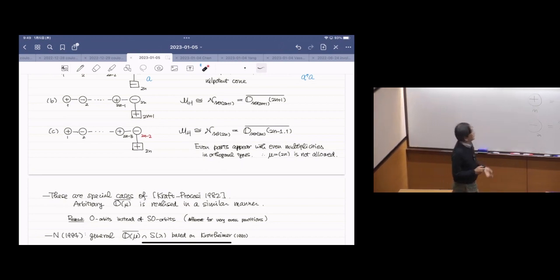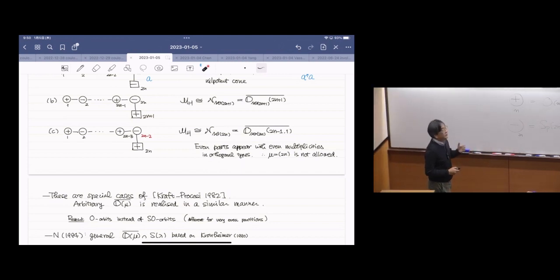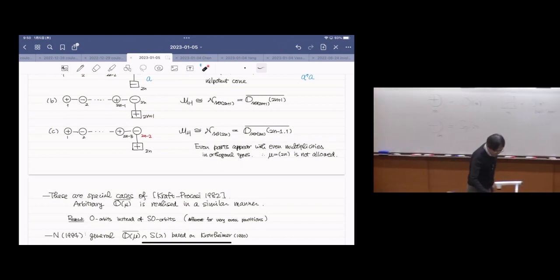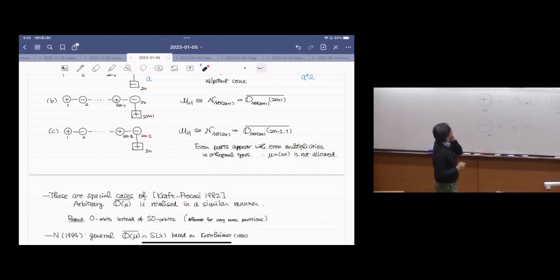If the partition has only even parts, it is called a very even partition, and the O orbit consists of two SO orbits. Here in the examples there is no difference, but afterwards, if I talk about O of mu, then in general I'm talking about O orbits.